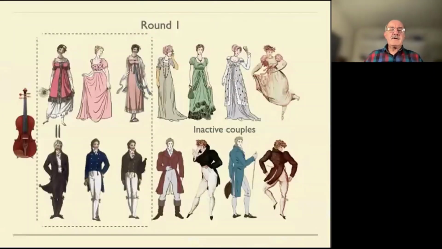So here's a little of how English dance at that time would work. Everyone would line up, long lines going down the hall, music at this end, and the dance would start with these 2 dancers.